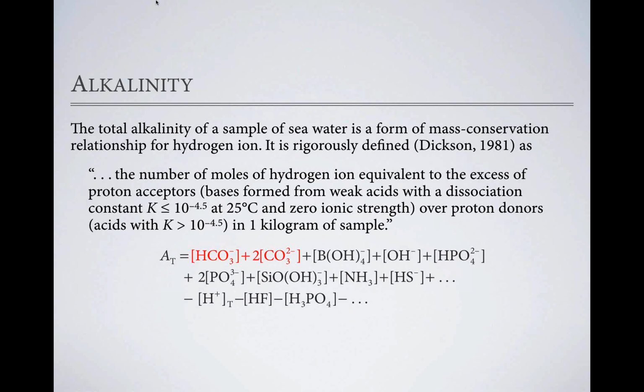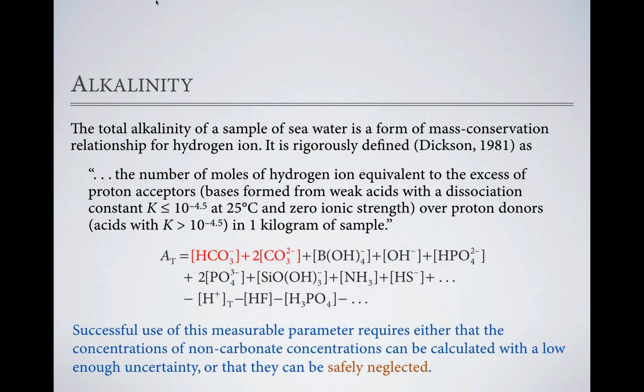Though some of the other terms are still important in open ocean seawater at the surface, and others become more important deeper down where levels of total phosphate or silicate increase. The ammonia and bisulfite really require you to have a more anoxic region. So successful use of this parameter requires that you can calculate all those parameters in black, either with a low enough uncertainty or that you can neglect them.